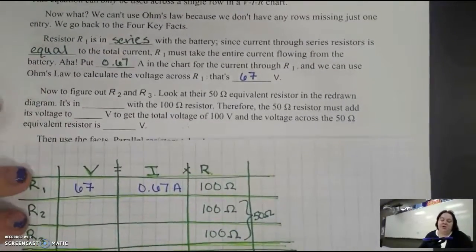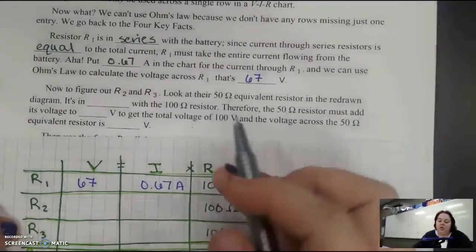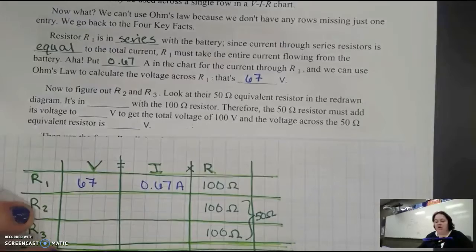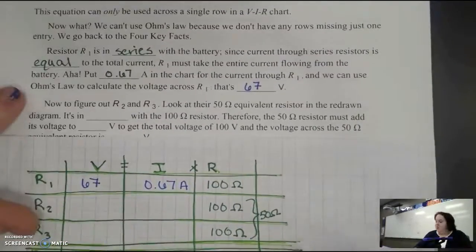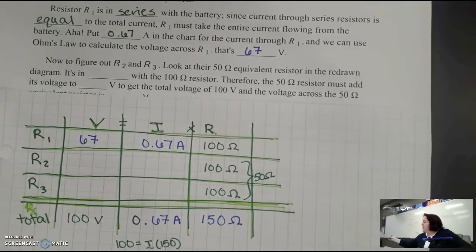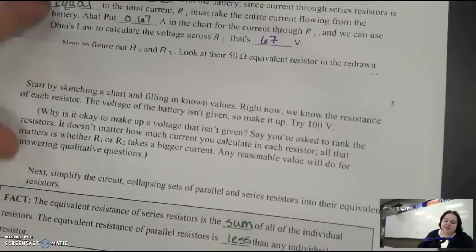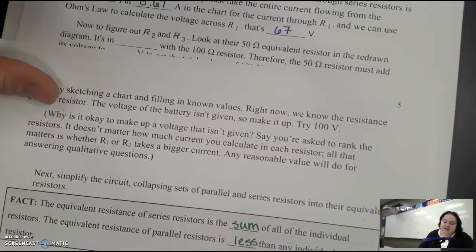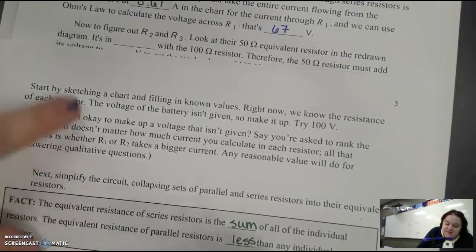Now to figure out R2 and R3, look at their 50 ohm equivalent resistor in the redrawn diagram. Here, we're looking at this picture. How is this connected with this?